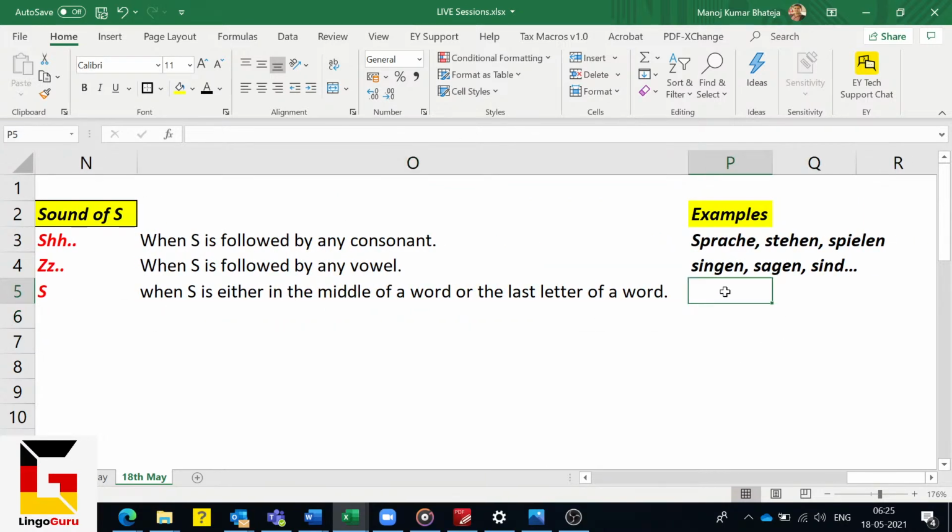For example, Frist, Mist, ist, Haus, Maus. You may observe the sound when I am pronouncing these words: ist, Frist, Mist, Haus, Maus. Alright? Three different sounds are generated. S has three different sounds.